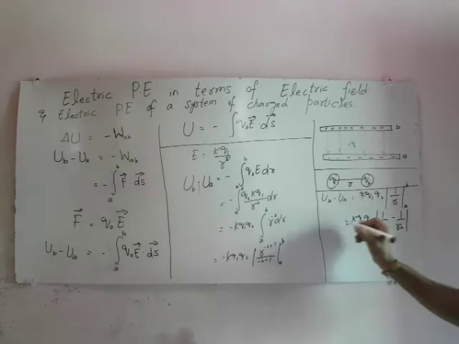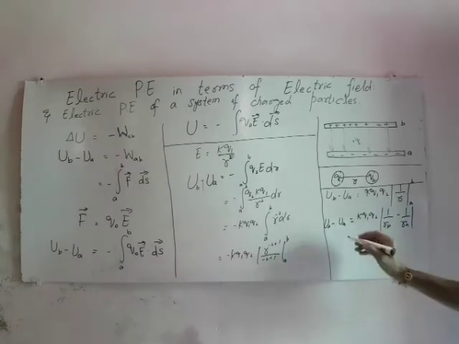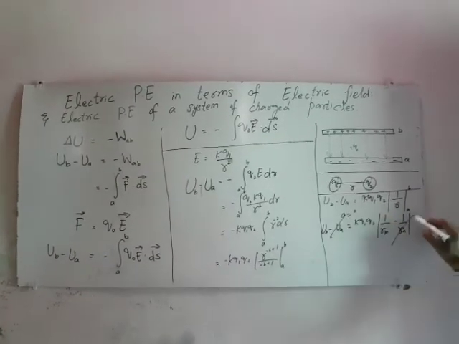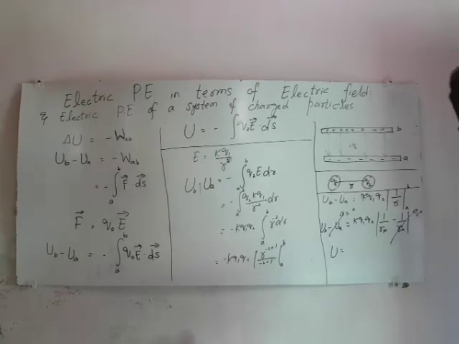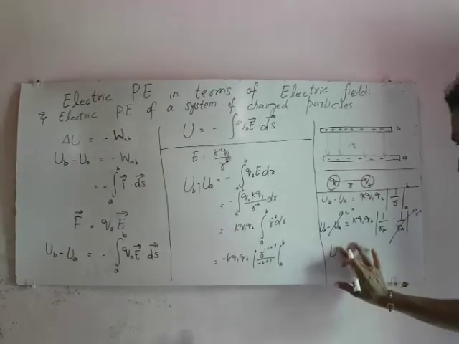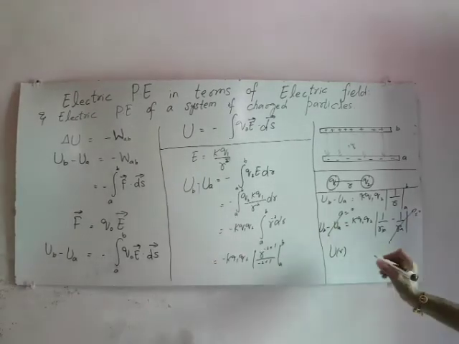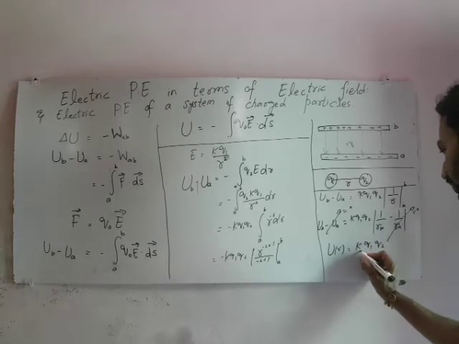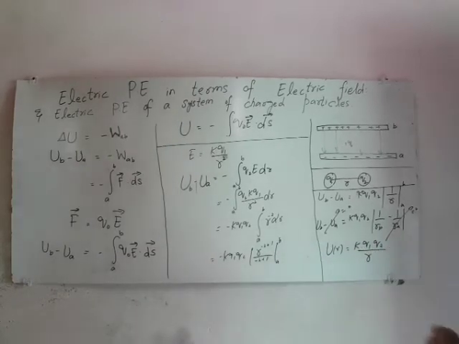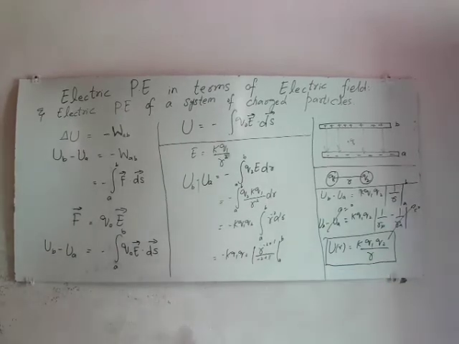And if we again consider the point A at infinite distance, then this will become 0. So the expression for electric potential energy will be k q1 q2 over r. This is our expression for the electric potential energy.